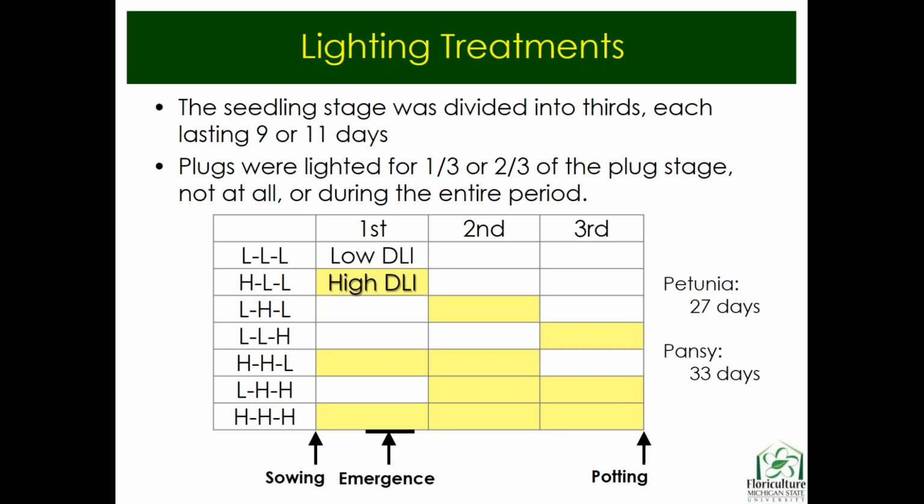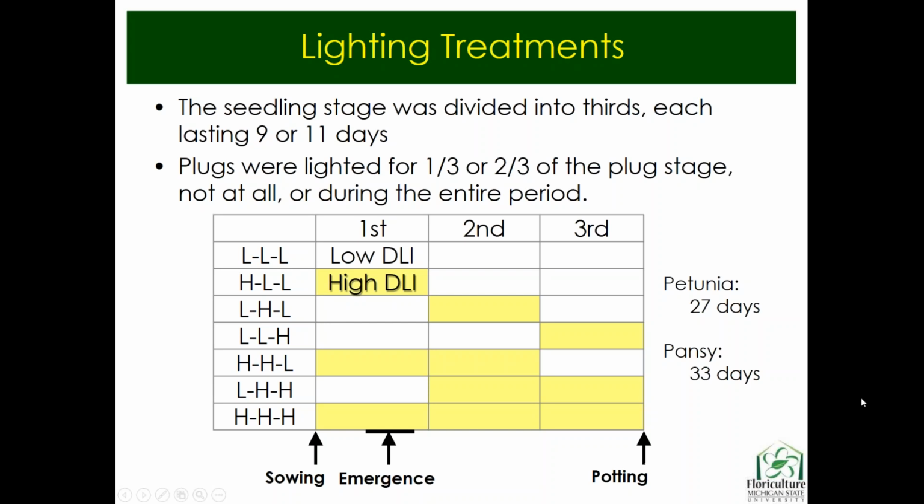The plugs were provided with supplemental light for 1/3 or 2/3 of that plug production stage, or not at all. L represents a low daily light integral, where they just provided photoperiodic lighting, and H represented using supplemental lighting to provide a high daily light integral. So in this example, where we see H, they provided supplemental light during the first, the second, and the last third.